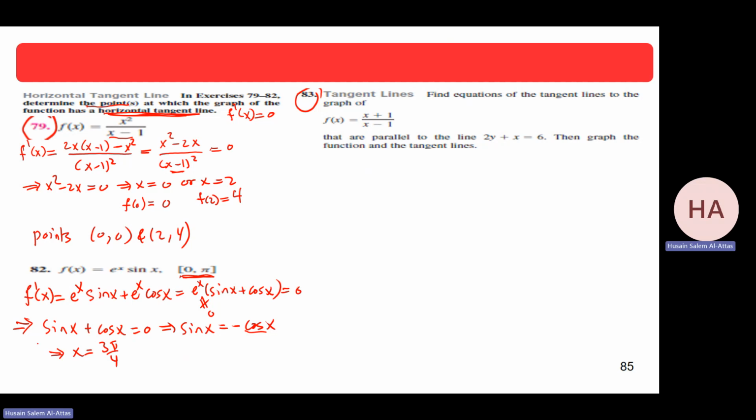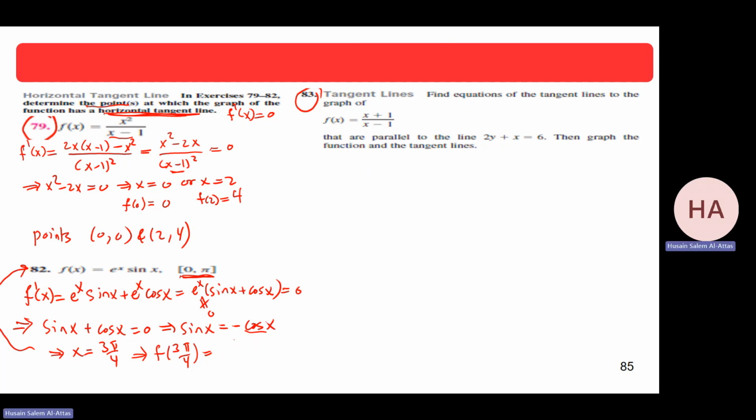I just substitute it here. F of 3 pi over 4 will be e to the power 3 pi over 4 times sine 3 pi over 4, which is square root 2 over 2.